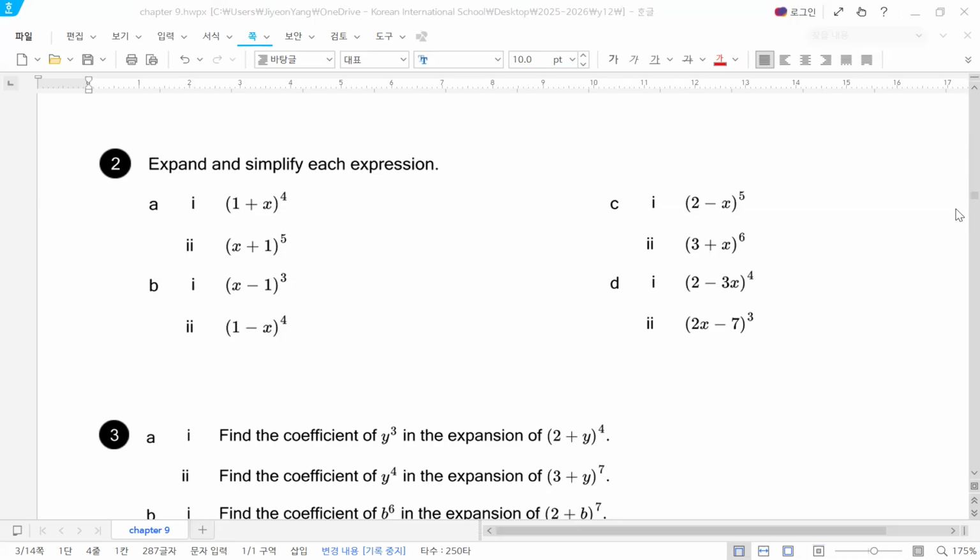We're not going into the 6th power. You should bring your calculator. Or of course, you can use Pascal's triangle. Guys, you can use Pascal's triangle or use your calculator. Students, please solve these questions by yourself.